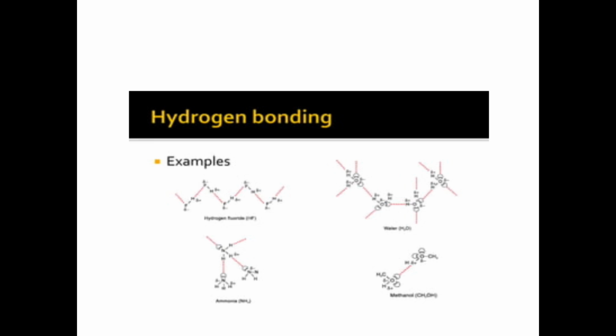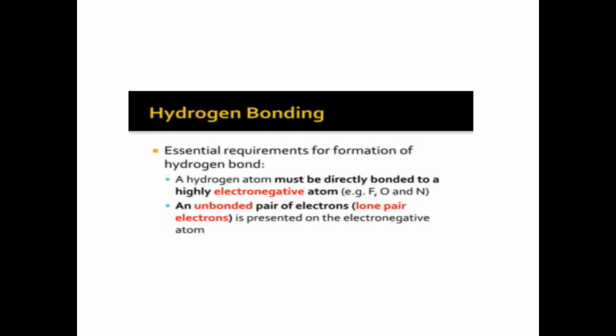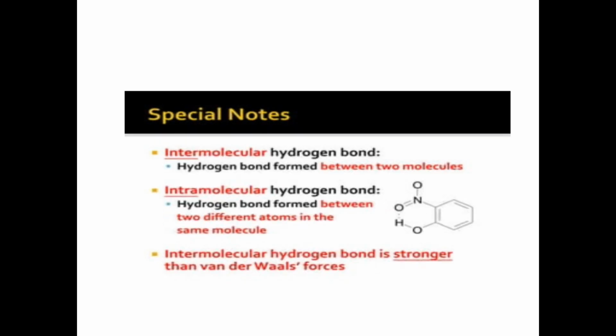So when we talk about their hydrides, we are talking about PH3, which is phosphine, NH3 ammonia, H2S hydrogen sulfide, H2O water, HCl hydrogen chloride, HF hydrogen fluoride, HI hydrogen iodide, HBr hydrogen bromide, and so on. These are examples of compounds with hydrogen bonding inside them.